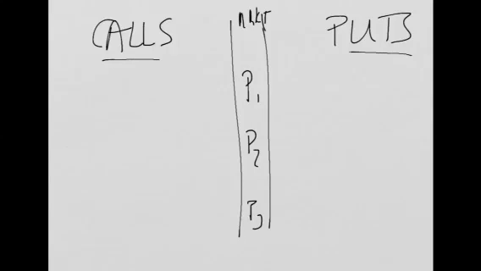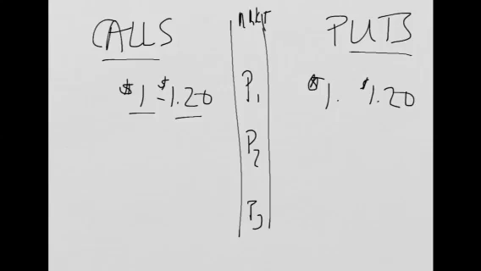And these are the calls and the puts and what their actual values are. There'll be a bid and the ask price on each side, and it might say it's $1 by, say, $1.20. So if you go to sell it, you're going to get $1. If you buy it, it's $1.20.